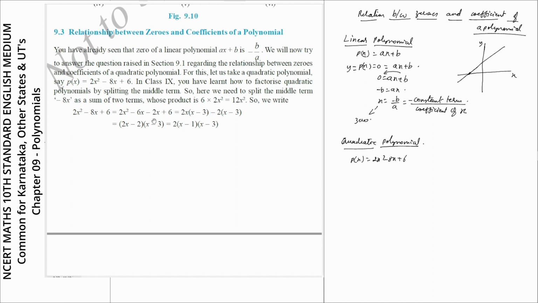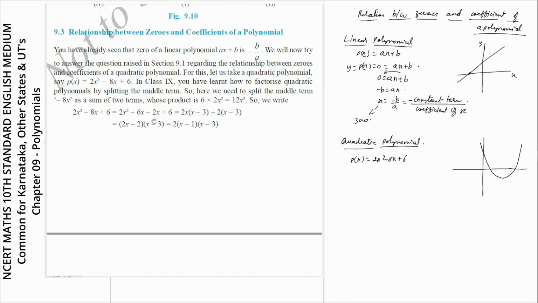What are the zeros of this quadratic polynomial? As you know, when we plot a quadratic polynomial on a graph, it may intersect at two points on the x-axis, it may not intersect, or it may just touch at one point. Let us say it is intersecting. Now how do we find that? We can plot it and find it.